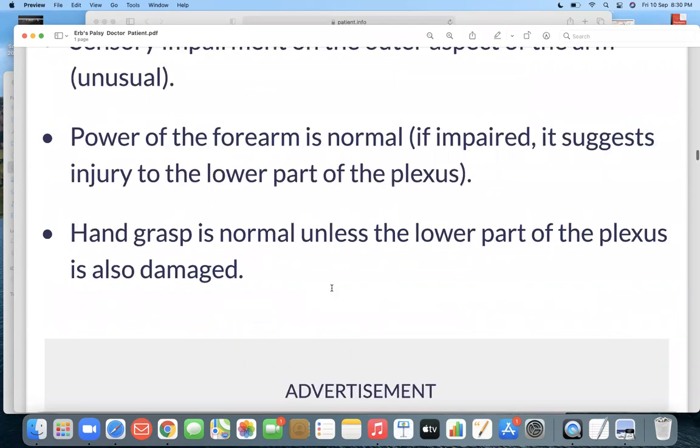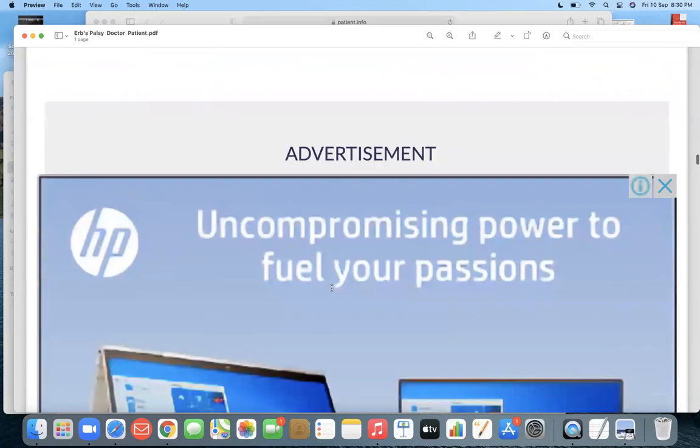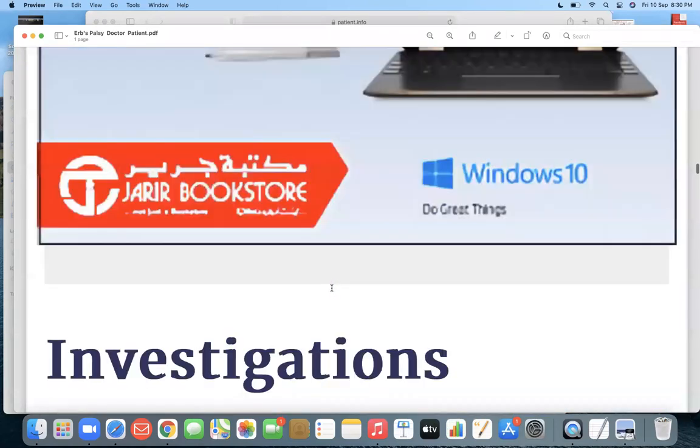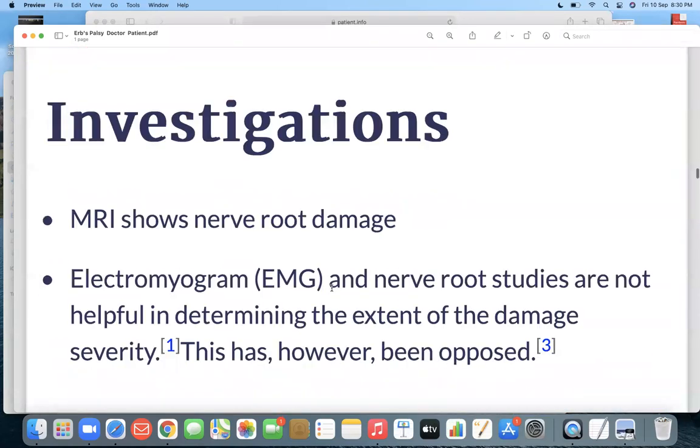Dr. Fatima, I have one query here. Power of the forearm, he's telling normal. When we are checking the power of the forearm, it is flexion and extension, right? And for the flexion, C5, C6 will be affected, like for the biceps. No, he's telling the action of the forearm muscles is on the wrist.